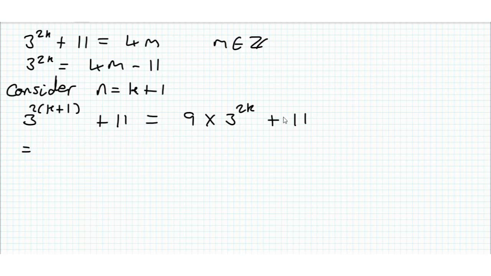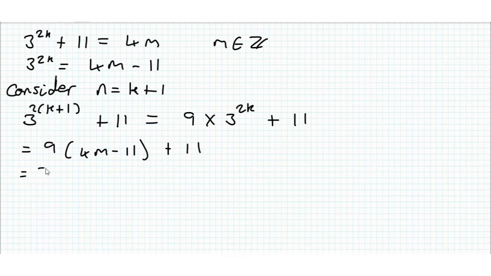So from our assumption, 3^(2k), if our result's true for some k, is equal to 4m minus 11, and then we still have our plus 11 on the end.